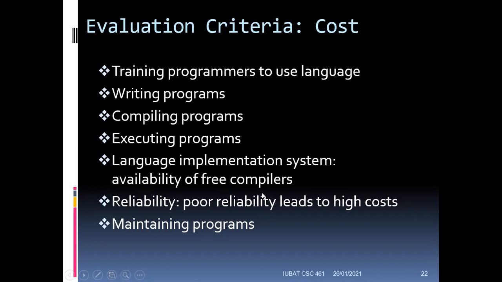Then reliability, machine code is also more reliable, but C also has some features. So you can say both are the same in this case. It depends on the coder. If the coder is the same, they can achieve more reliability in both languages. Then maintaining the program, machine code is much higher. So after consideration of all these factors, they decide which programming language to choose in terms of cost.